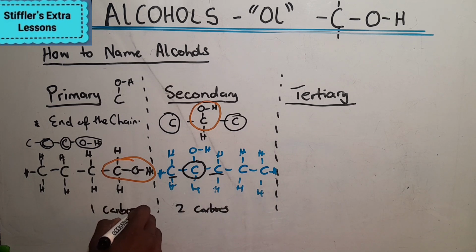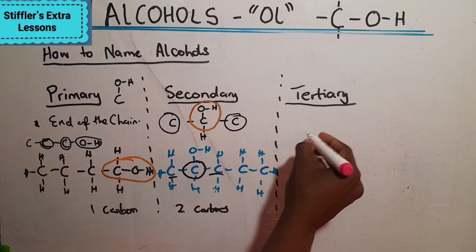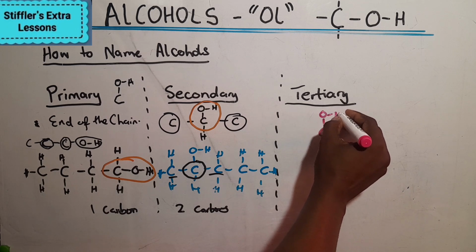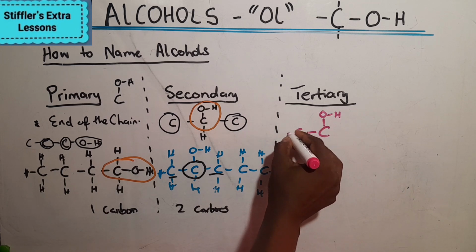So we are talking about the carbon that is carrying the what? The hydroxyl group. And lastly, if we are talking about the tertiary alcohol, this carbon that is carrying this hydroxyl is bonded to three other carbons.